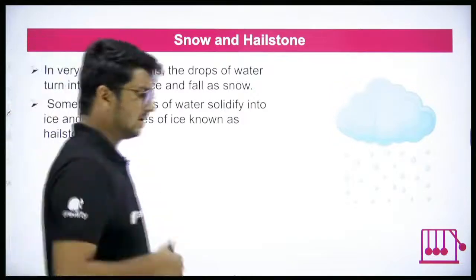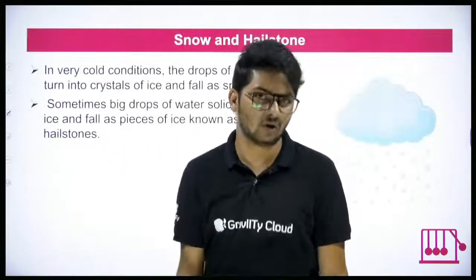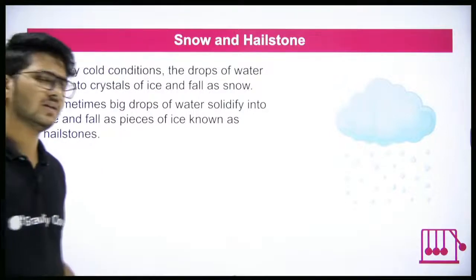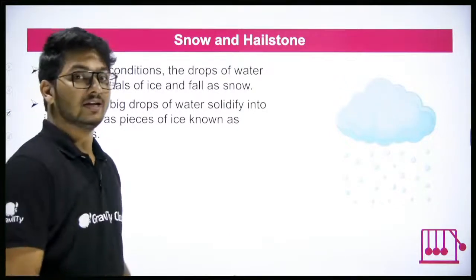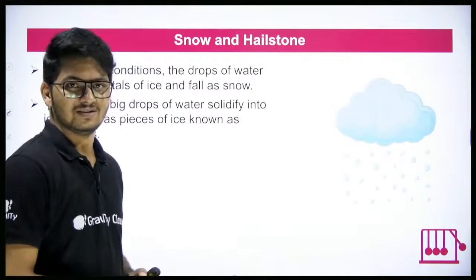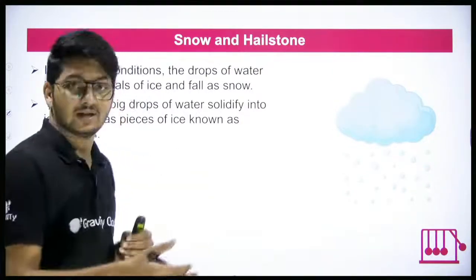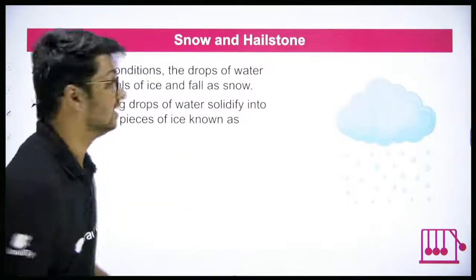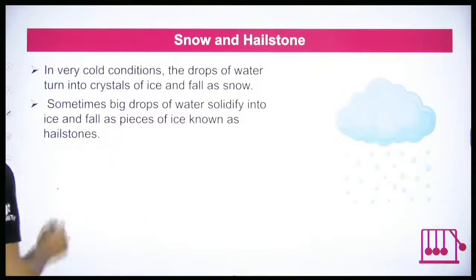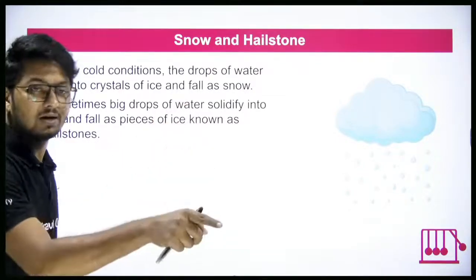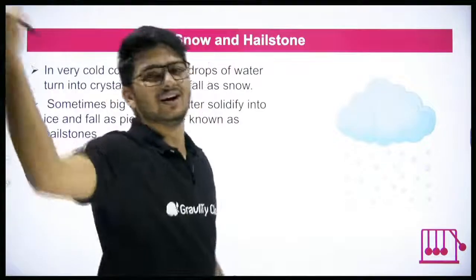Now, see, water does not always fall down as rain only. At times it also falls down as snow or hailstone, for example. So what happens in that case? If it is much colder compared to rainfall, water vapor turns into water, then water will convert into ice.